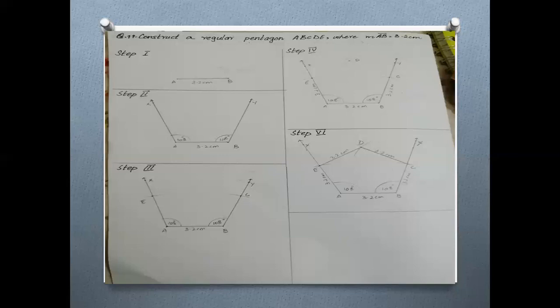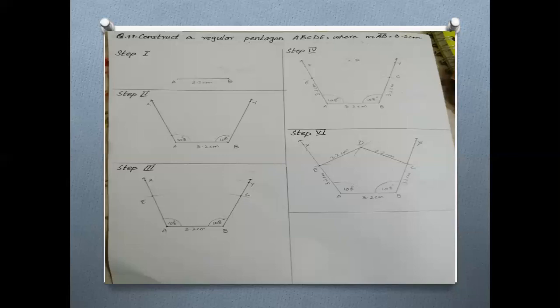Put your compass on point B and draw an arc of 3.2 centimeter which cuts BY at point C. With the same radius, put your compass on point A and cut the ray AX at point E. You see that I draw two arcs over there. One arc is on BY and the other is on AX. Both are of the radius 3.2 centimeter.